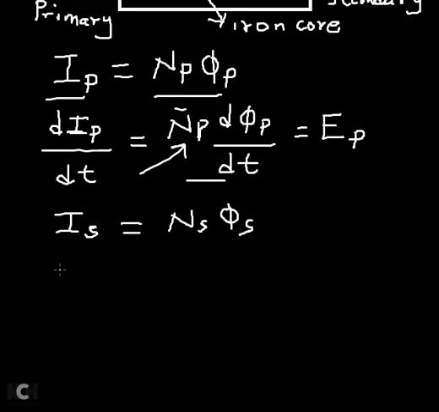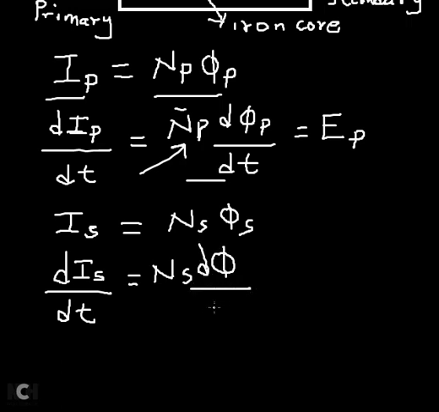If this flux varies with time, which of course it will because it's an alternating current, then the flux linking that coil will also vary with time. And that varying of the secondary flux with time, multiplied by the number of turns of the secondary, is equal to the EMF induced at the secondary coil.